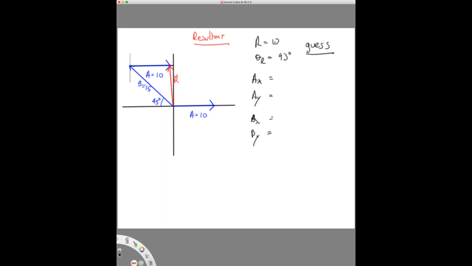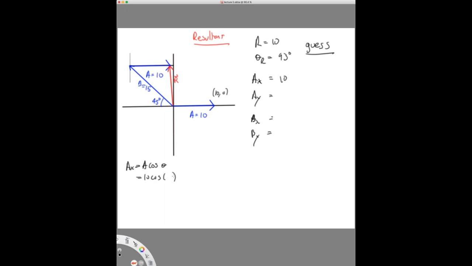If you're new to vectors, it may not be obvious, but the X component is just 10, because the whole thing points 10 units along the x-axis. The coordinate of the tip of this vector would be the point (10, 0). I can see that from the graph. However, if you can't see that from the graph, then you could just say AX equals A cosine of theta, which is 10 times the cosine.